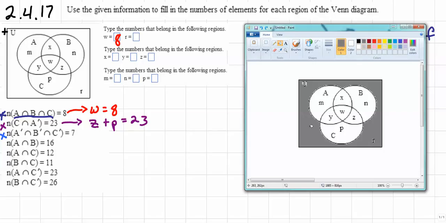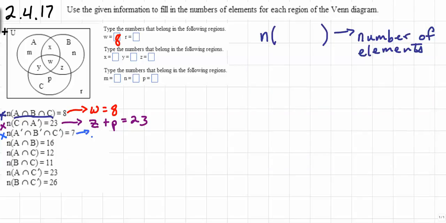And that's going to be right here, and that's going to be region R. So we can go ahead and say that for this, R is equal to 7. So we can put 7 right here.